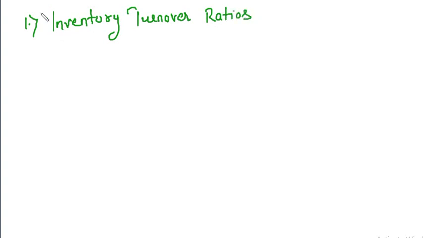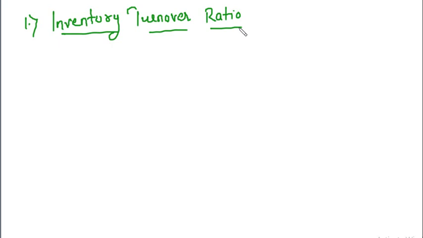Let's start with the first one, that is inventory turnover ratio. Now, we have been continuously studying that ratio is a relationship between the two financial factors of the business.